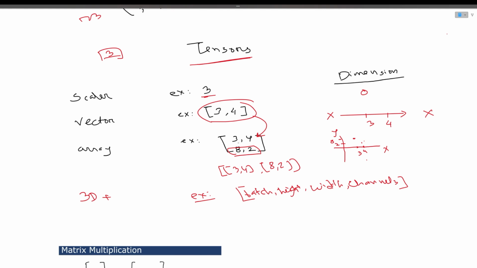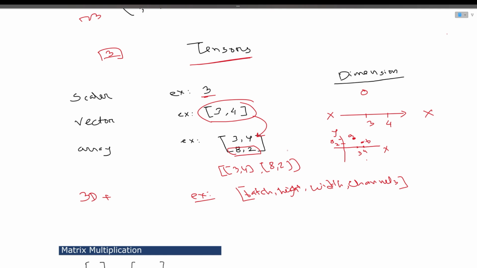But now as we have 4 values, we can represent these in 2-dimensional values. How? You can see in the x-axis we have 3 and 4, no issues. In y we have 2 and 8. So as a whole, we can say that there might be a point like this, 3 8, so this is a point A, and there is another one which is 4 2, so this can be another point.